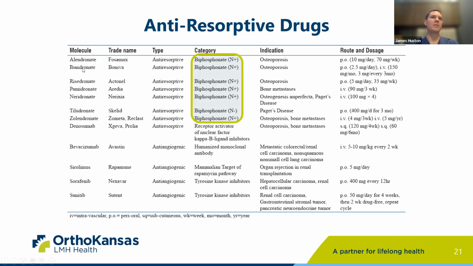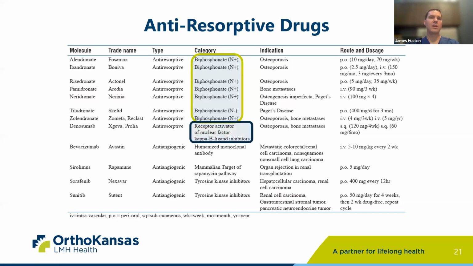They all end in dronate, so that they're a little easier to recognize. You may recognize some of these trade names or brand names from commercials on the internet or on television or in the newspaper, but these are bisphosphonate or diphosphonate medications that are decreasing that osteoclast function in order to decrease bone reabsorption.